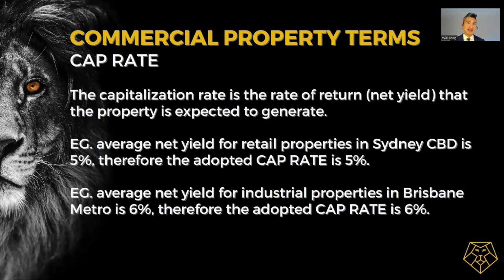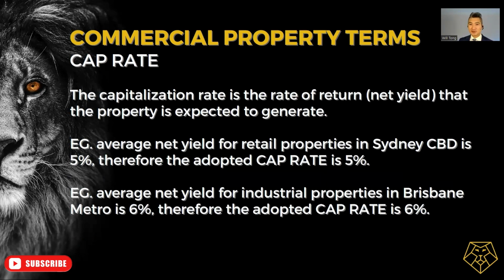Okay, so next term is the cap rate. So the cap rate is the capitalization rate, which is the rate of return or net yield that the property is expected to generate. Okay, so for example, let's say we're looking at retail properties in Sydney CBD, and we identified that the average net yield for this type of property is 5%.